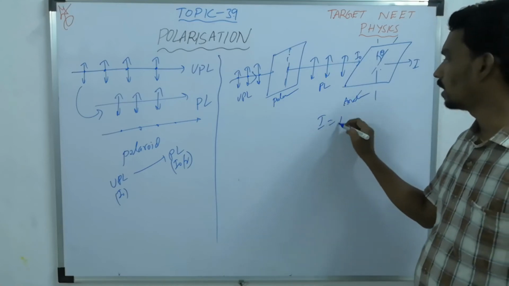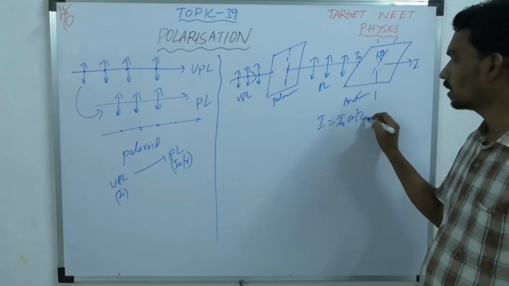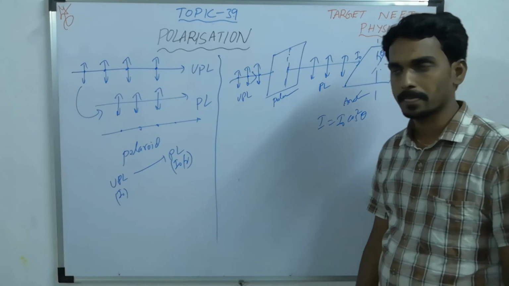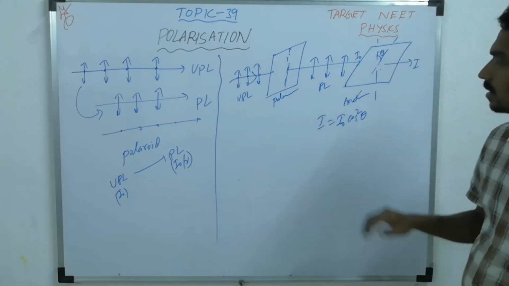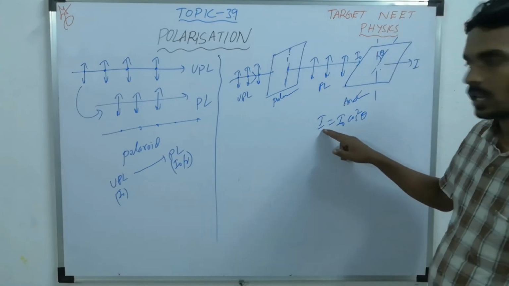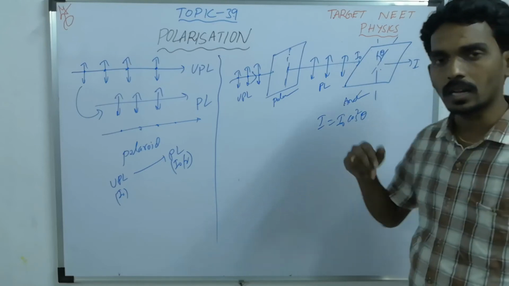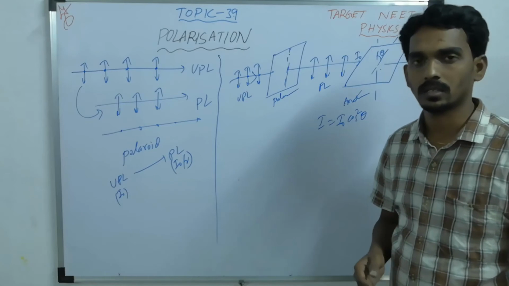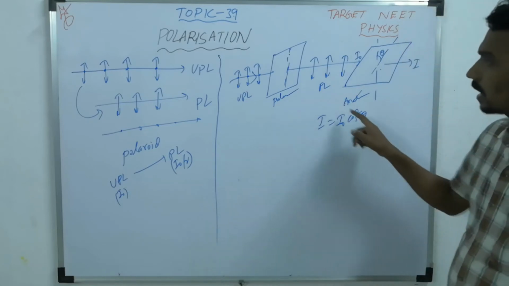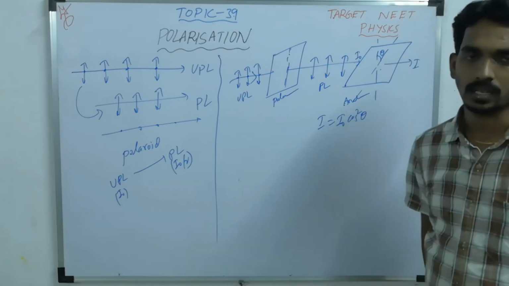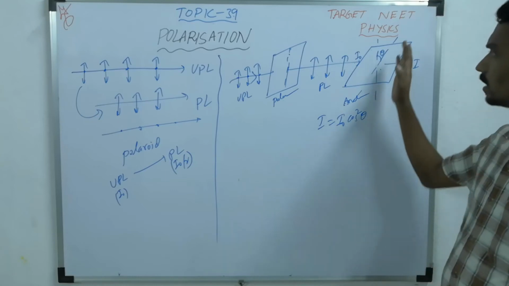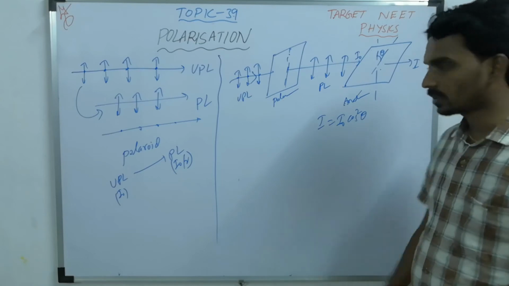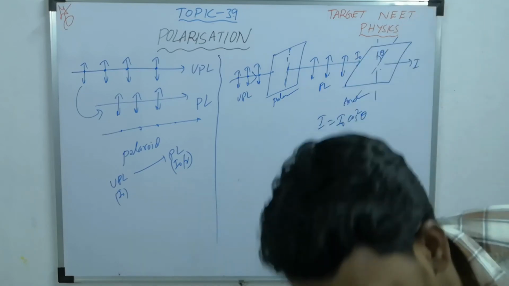Then I becomes I0 cos square theta. This is Malus law. The intensity emerging out of the analyzer when I0 falls on it, where theta is the angle between polarizer and analyzer. If you want to decrease it still further, you arrange one more at some angle. This is the way you can decrease the intensity.